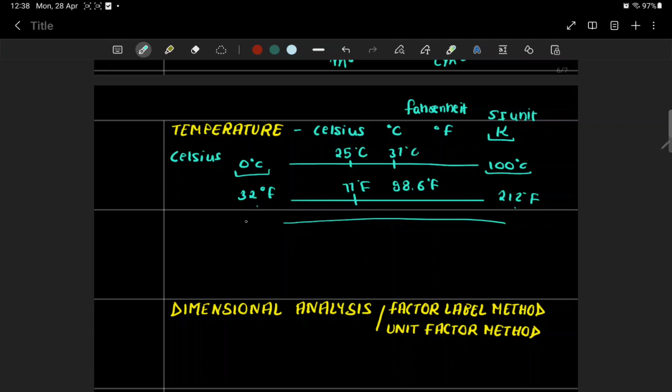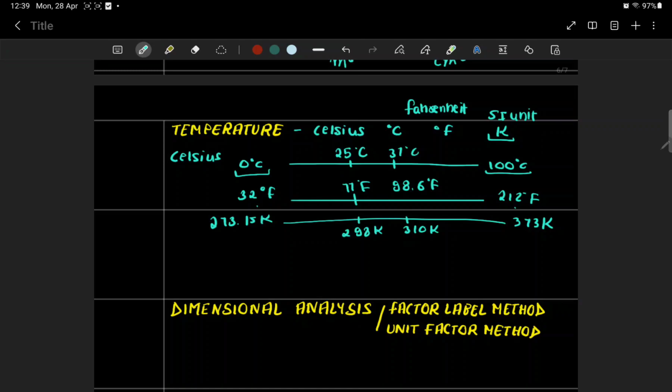And the scale for Kelvin is from 273.15 Kelvin to 373 Kelvin. 298 Kelvin is the room temperature and 310 Kelvin is the human body temperature.